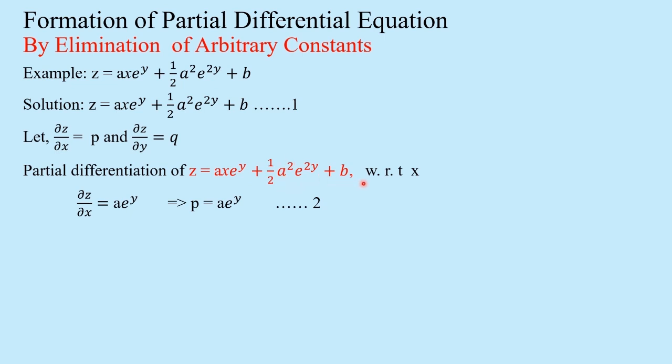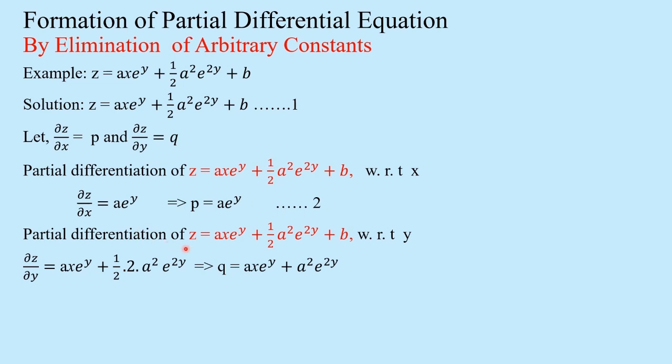Since we are differentiating with respect to x, this y term also will become constant. So when we differentiate a constant, we get 0. So this term becomes 0. This is constant, this term also becomes 0. So we get dou z by dou x is equal to a e to the power y. This is p. So p is equal to a e to the power y. Let's name it as equation 2.